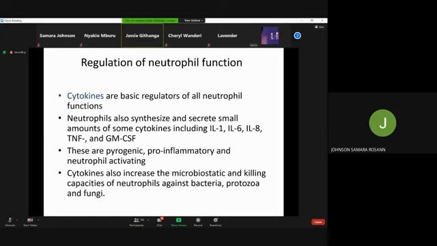By the same token, if your cells are not stimulated at all and you don't respond, and that can happen, especially where you have abnormal neutrophils that are functionally abnormal, maybe they're not morphologically normal, then they're not able to respond to cytokines.